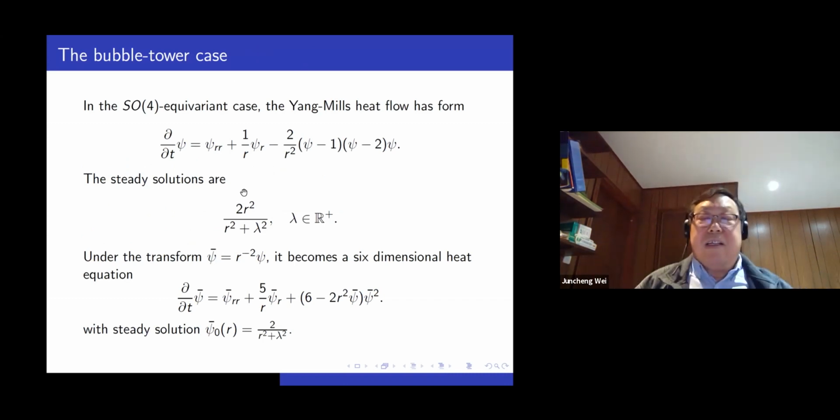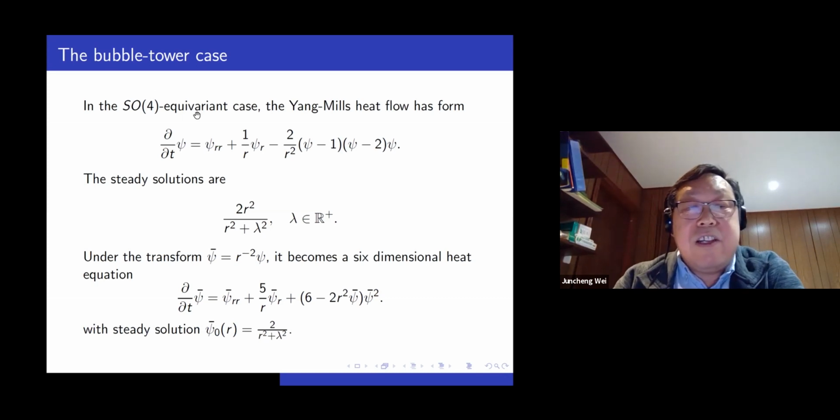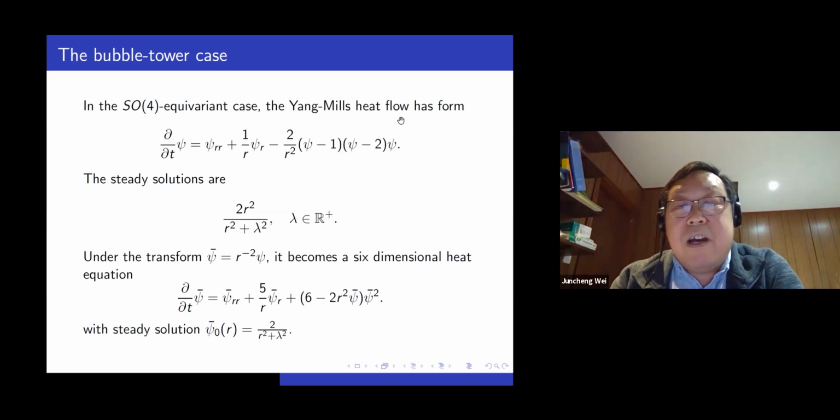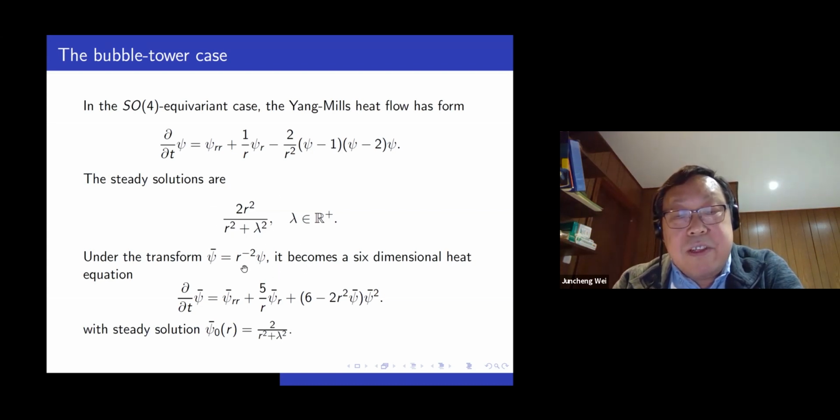Let's look at the equivariant case. In SO4, the Yang-Mills just becomes a scalar parabolic equation, and the steady state is the standard ADHM instanton. If we do this transformation, it becomes almost like a 6-dimensional critical heat equation.